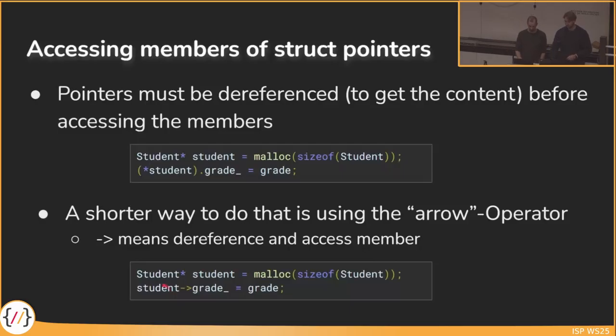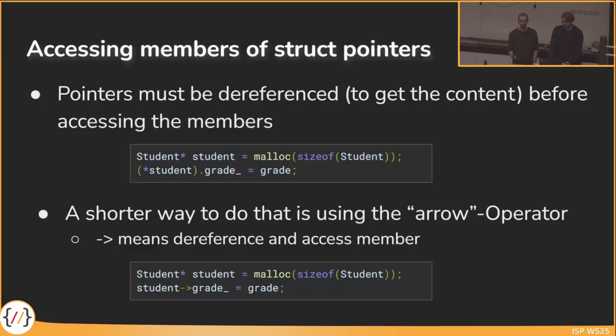So it's way faster to write it like this than using the parentheses, then the asterisk, and then the dot. It's the same, and from now on we will also use this notation. The only difference is between the dot and the arrow: the arrow means that the student is a pointer and you have to dereference it before.